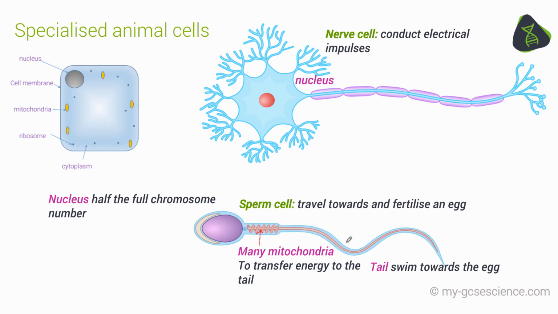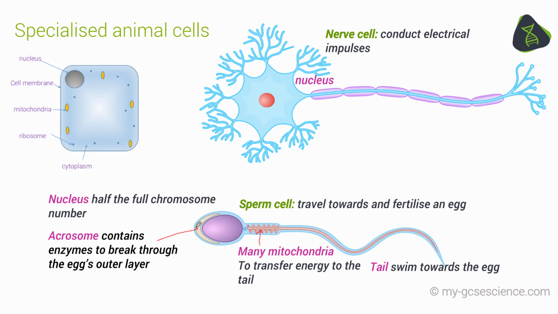When it reaches the egg, it has another difficulty to overcome, and that is to actually get through the tough outer barrier of the egg cell. So sperm cells have this additional feature, which is called an acrosome, and an acrosome is basically a package that contains very powerful enzymes to break through the egg's outer layer.